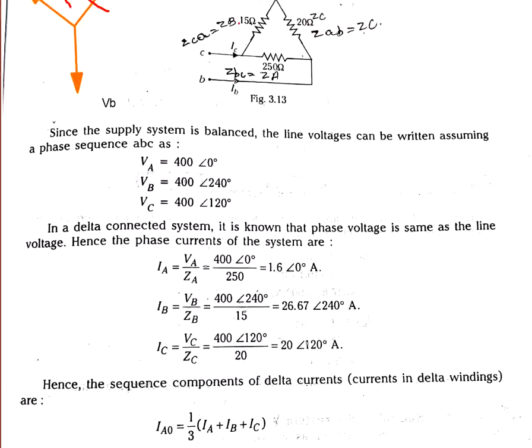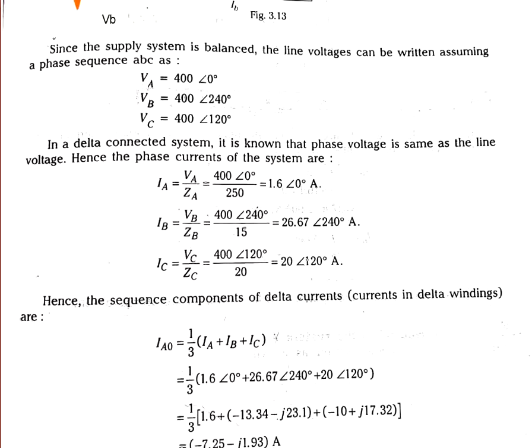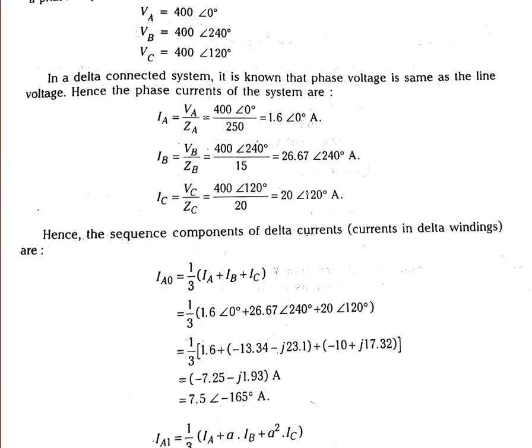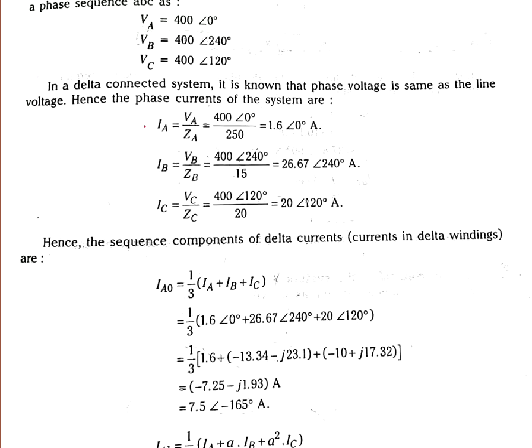ZC is nothing but my ZAB. ZA equals ZBC, and ZB equals ZCA. So you will get IA, IB, IC. Now these IA, IB, IC are my line currents.